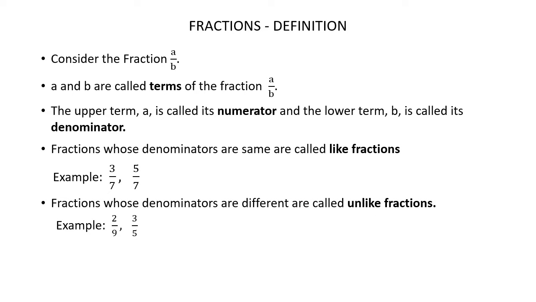For example, 2 by 9 and 3 by 5 are called unlike fractions because their denominators are different. So if the denominators of the fractions are same, then the fractions are called like fractions. If the denominators of the fraction are different, then the fractions are called unlike fractions.